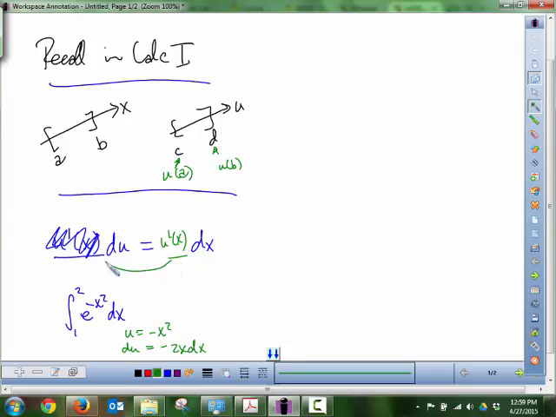But then somehow we need to bring that to the other side. And then our integral becomes the integral of e to the u, and then, oh wait, I need an x in there. Let me throw an x in here. And so you get a negative 1/2 or something like that.